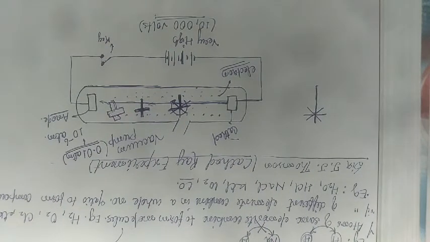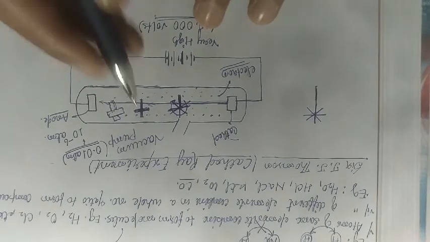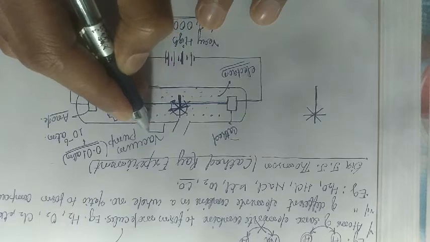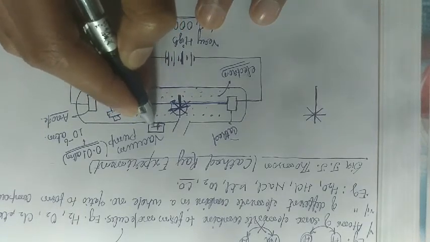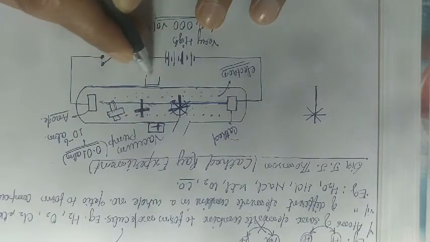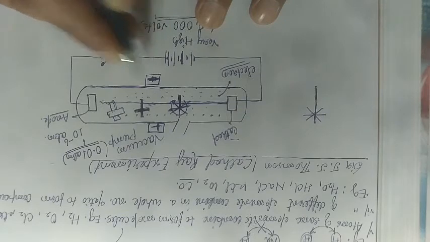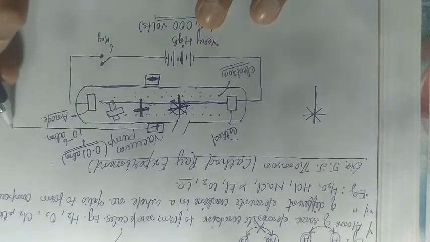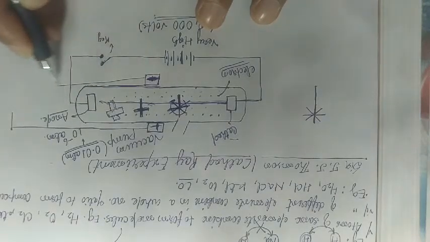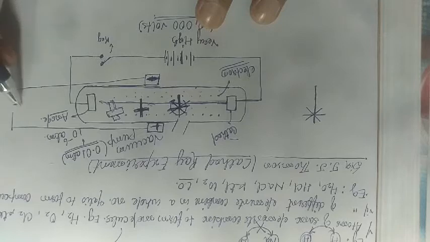Now next, he became more curious, and he tried to find out the charge of this particle. So what he has done, he placed a charge here, negative here and positive here, connected with the battery.